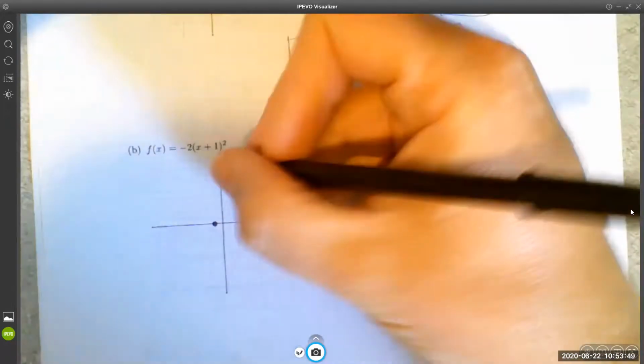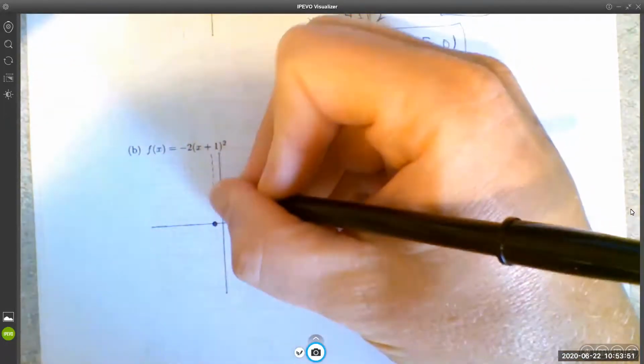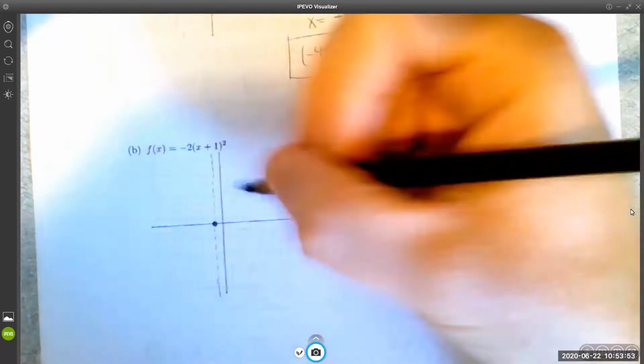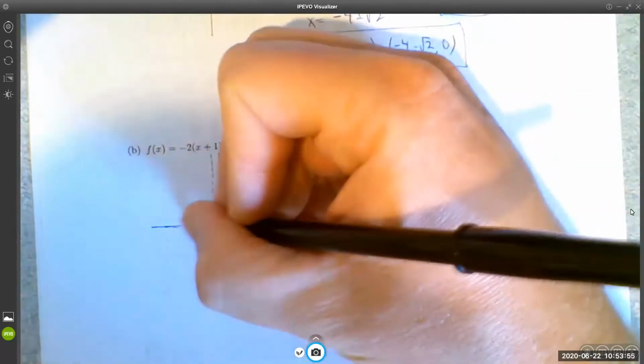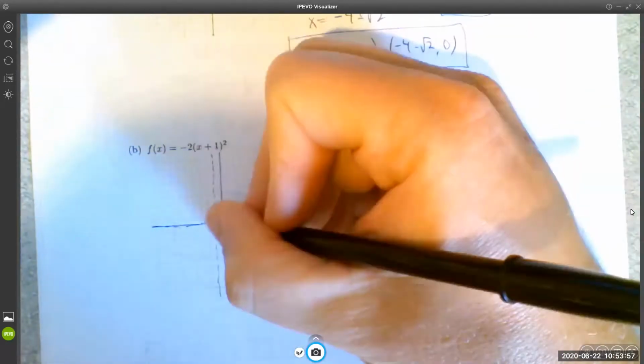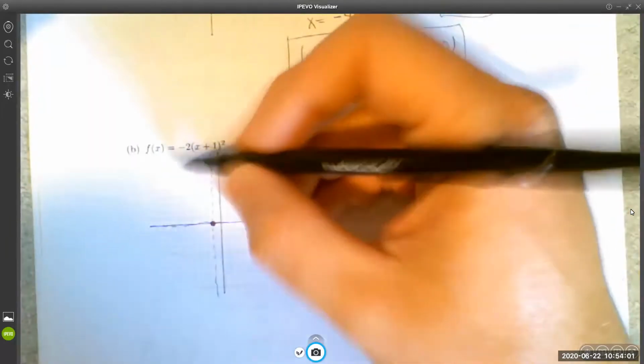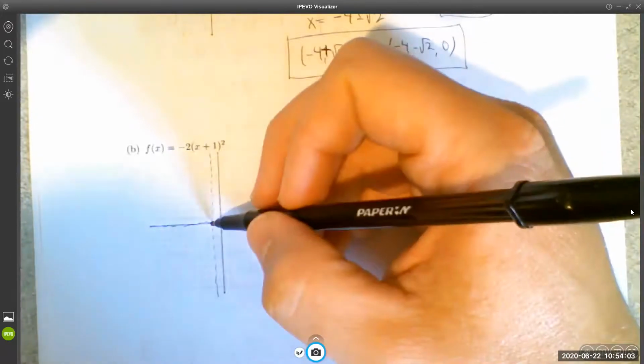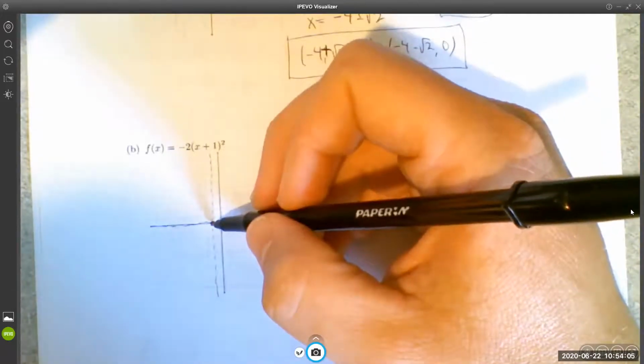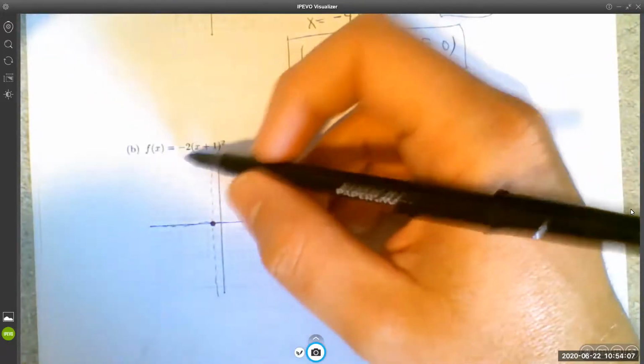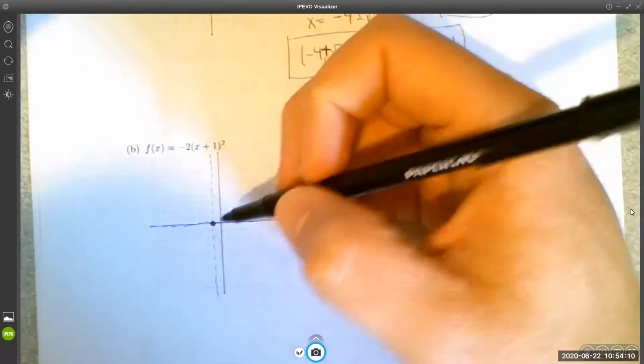And that vertex becomes my new kind of axis system, if you like. So I've got this new axis system where this is my new 0, 0. Now, because of this -2 out here, I'm going to have to flip the graph over, and I'm going to have to stretch the vertical distance between the points by a factor of 2.